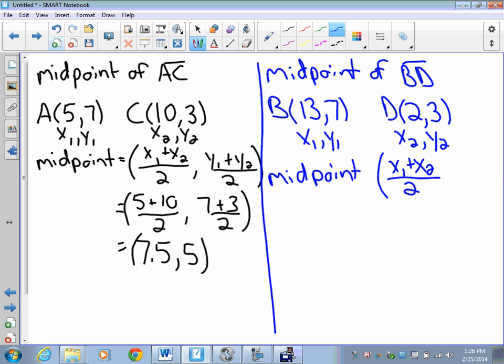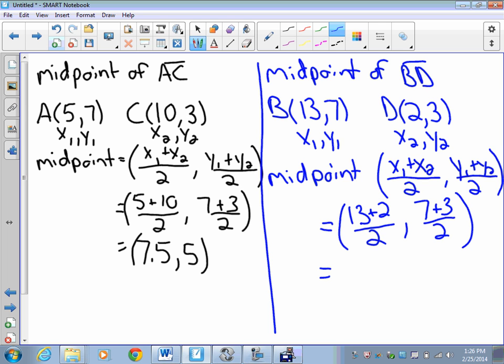It's not given to you on the SOL, but you'll need it in order to solve problems. So it's going to be equal to 13 plus 2 over 2 and 7 plus 3 over 2. And again, we see that that's (7.5, 5).